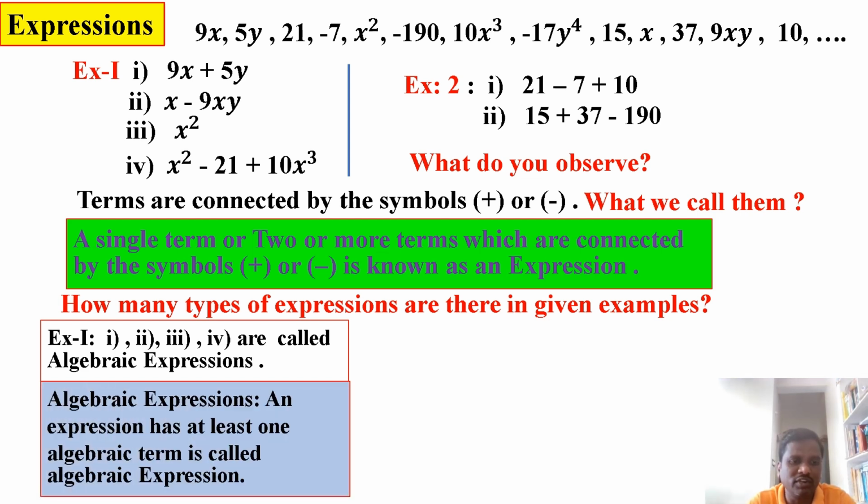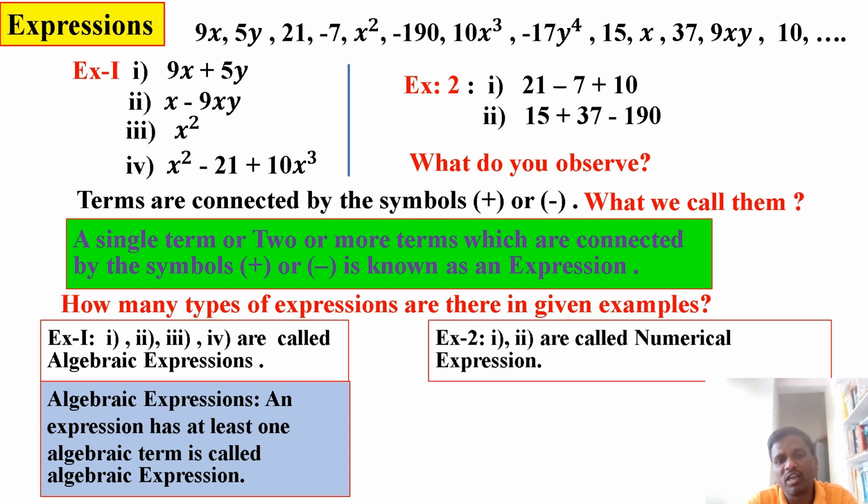First of all, what is the definition of an algebraic expression? These four examples have at least one algebraic term. That's why the definition is: an expression that has at least one algebraic term is called an algebraic expression.